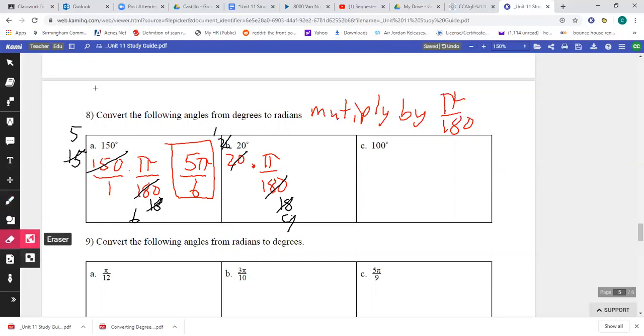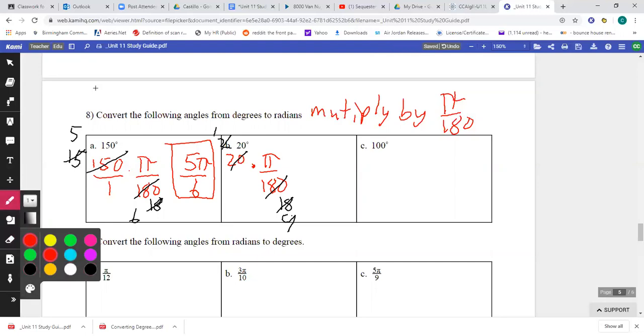So on the top, I'm just left with pi, and on the bottom, because remember it's over 1, 1 times 9 is just 9. So it's pi over 9. Any questions on that? Okay.